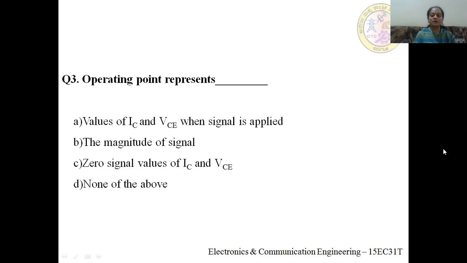In active mode, base emitter is forward biased and collector emitter is reverse biased. Before applying the signal, we do the biasing and apply the DC voltages. When we apply the DC voltages, those are called zero signal values. So the operating point represents zero signal values of IC and VCE.